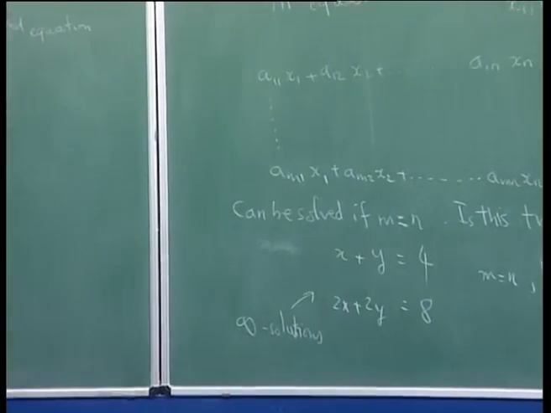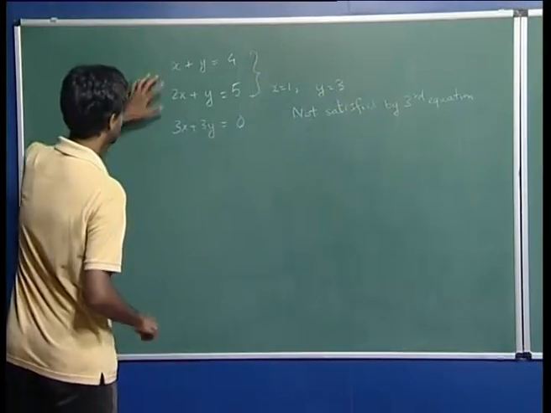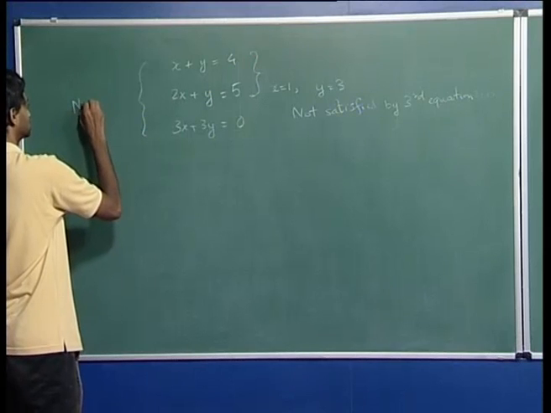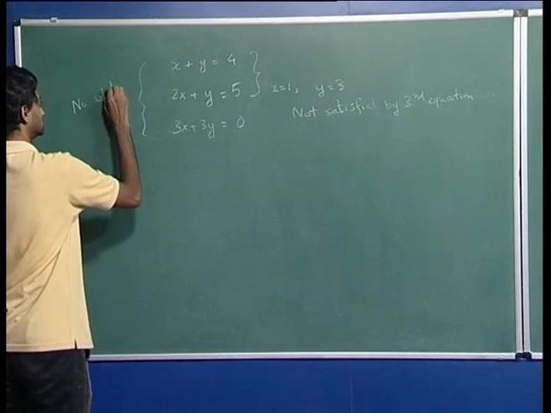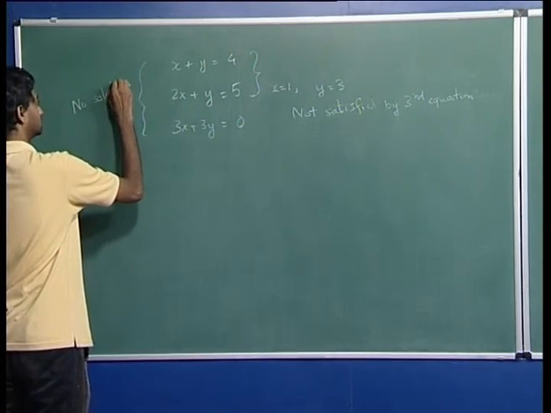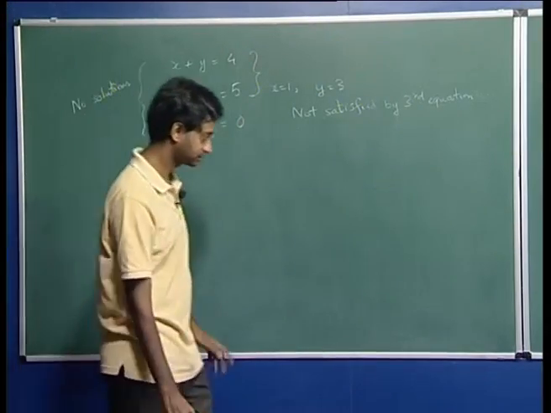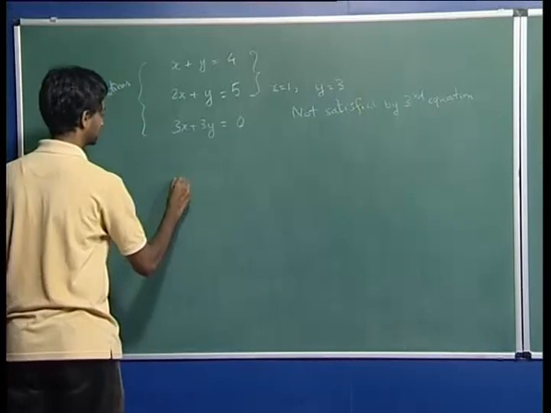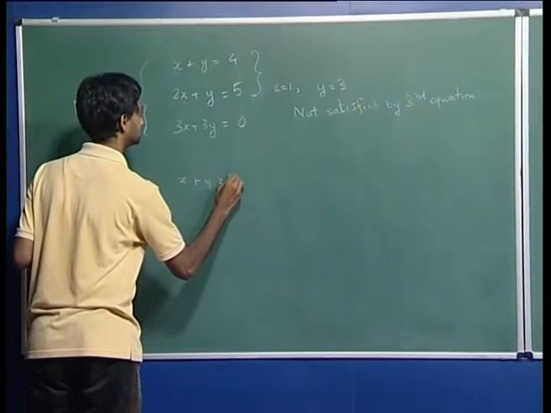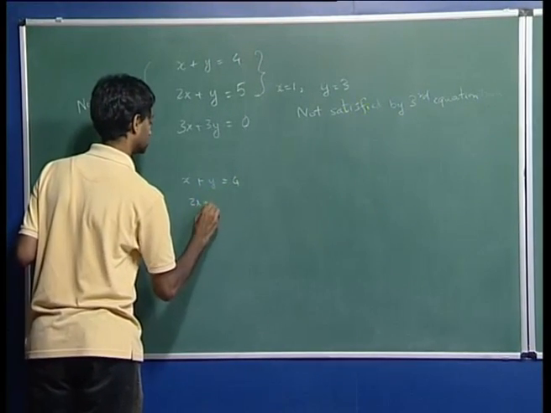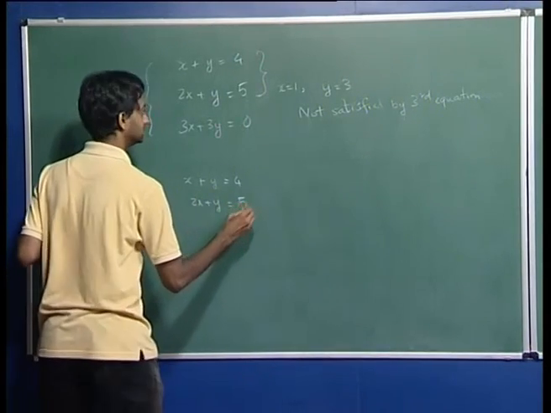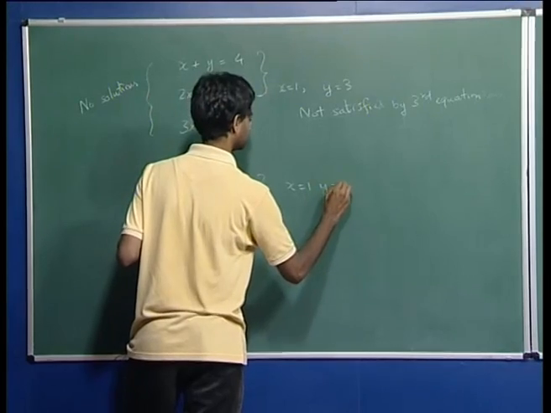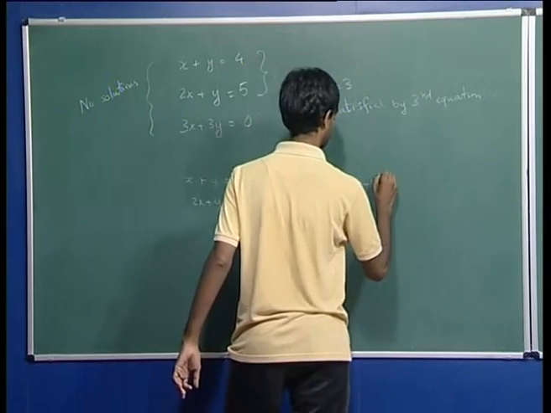Now in this case, you can never find a solution. So this has no solutions. On the other hand, if you just had the first two equations, this implies this has a unique solution.